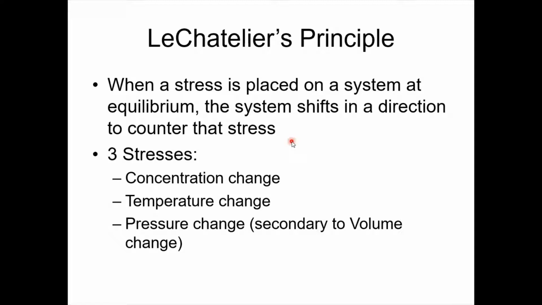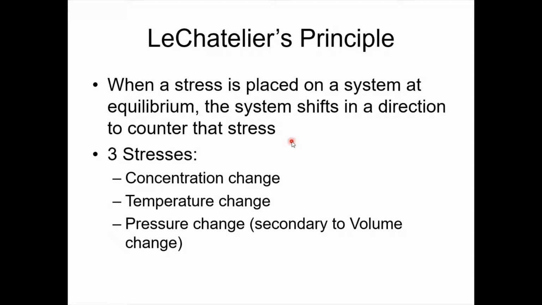And basically, to get an understanding of what LeChatelier's principle is and when it's put to use, we have to see what the conditions are that we'd use it. So what LeChatelier's principle does is allow us to understand what happens when we have a system at equilibrium.